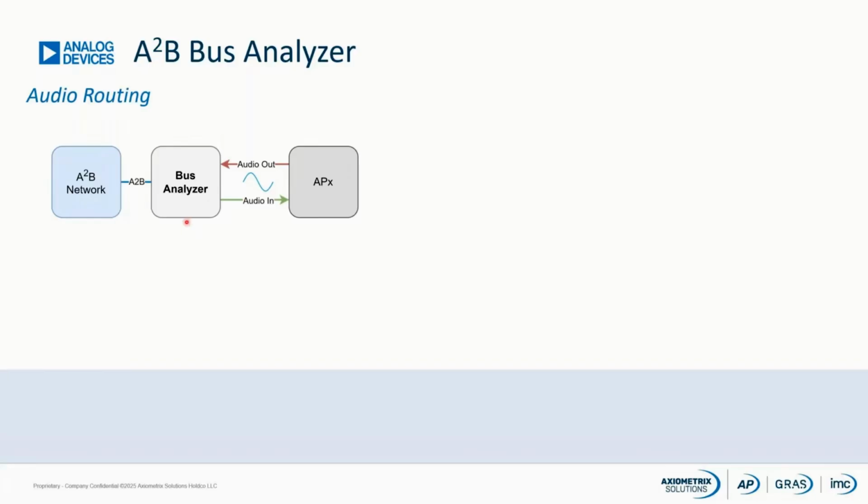The Bus Analyzer is useful for audio test because it gives your APx analyzer a way to interface with the nodes on an A2B network. And it allows for any APx analyzer to be used as either the signal source or as the acquisition system.